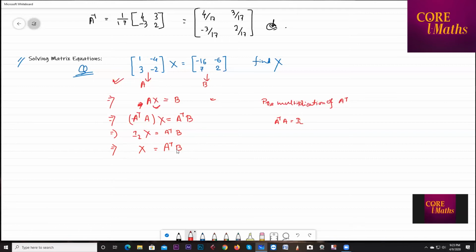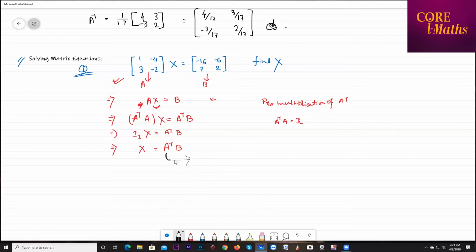As we know, if you multiply the identity matrix with any matrix, the result will be that matrix. So directly in that step, I into X, I have written X. Now what you have to do is find that.